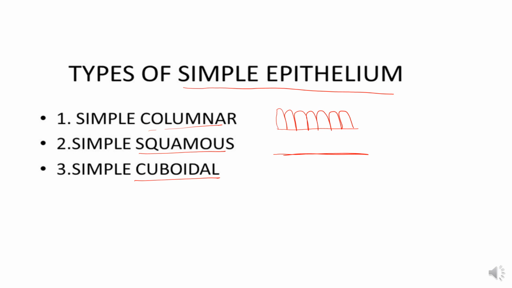Simple squamous is a single layer of squamous cells or spindle-shaped cells. And cuboidal is a single layer of cuboidal cells. So this kind of epithelium is usually present at places where the function of secretion or absorption is taking place.